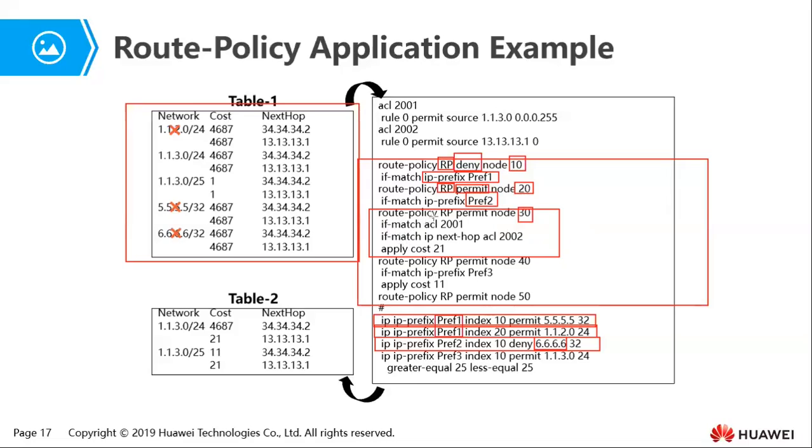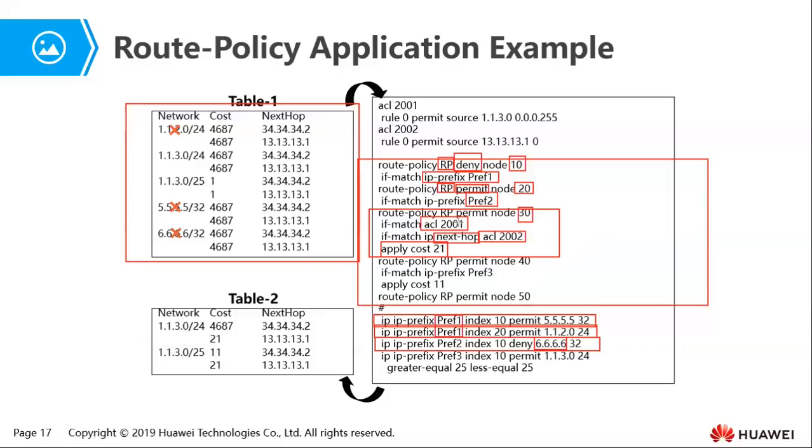If it matches ACL 2001, and then if it matches IP next hop, we want to look at ACL 2002, and in particular we are looking at the IP next hop. If it matches that one and that one, we want to apply a change: we want to change the cost of that network to 21.